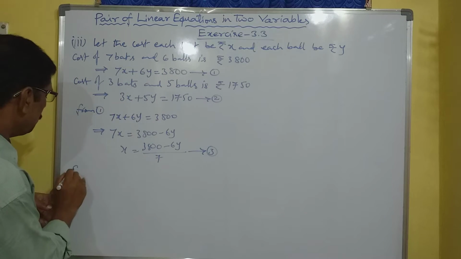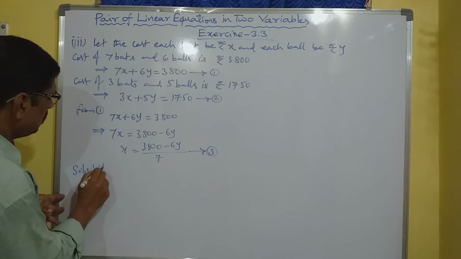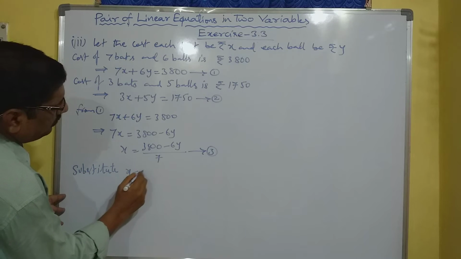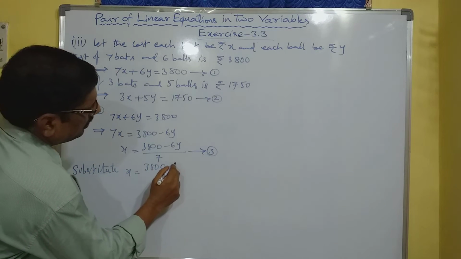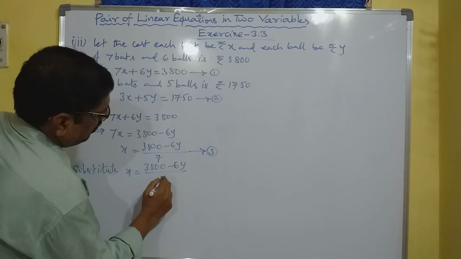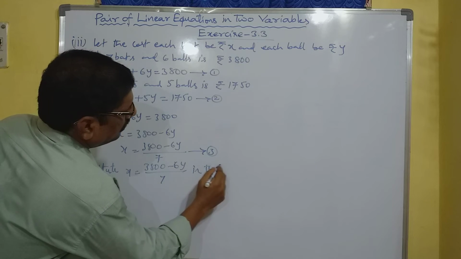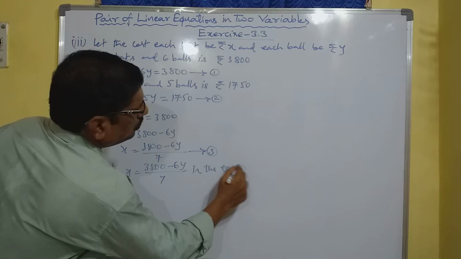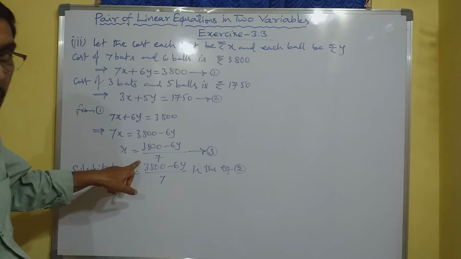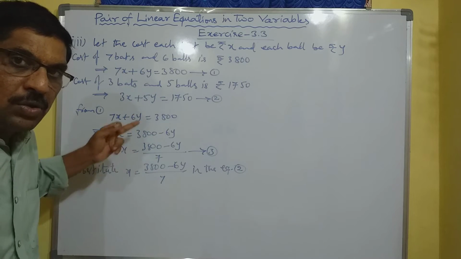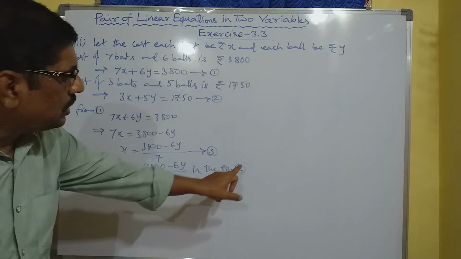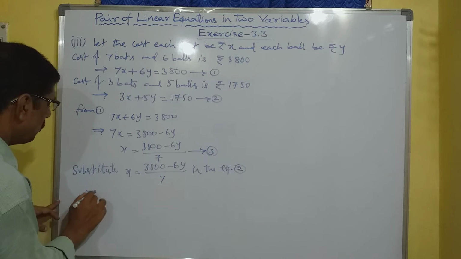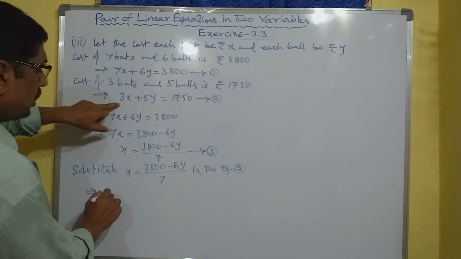Now substitute x is equal to (3,800 minus 6y) by 7 in equation 2. Why? Because we have extracted this from equation 1, so we need to substitute in the other equation, that is 2.